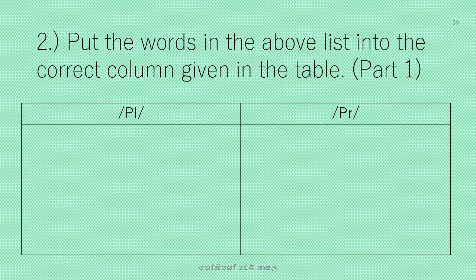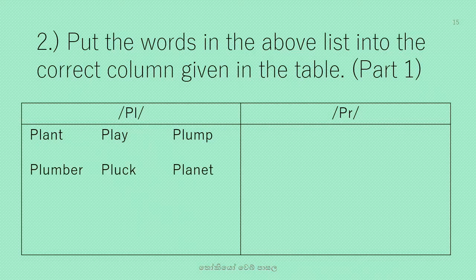Okay, I hope you had enough time. So let's look at the answers together. Okay, so I will first show what are the words coming under P and L. Right? So plant, play, plump. Next, plumber, pluck, planet.